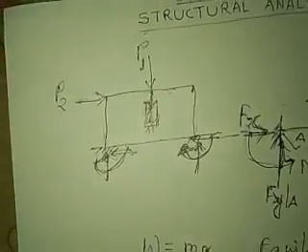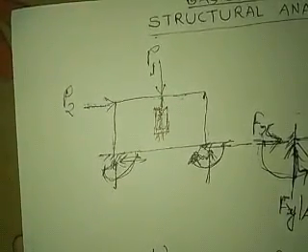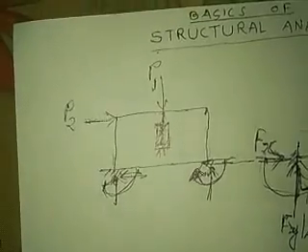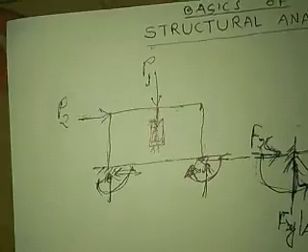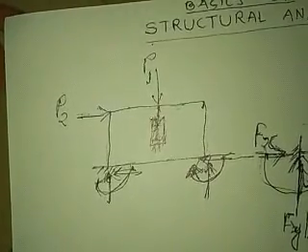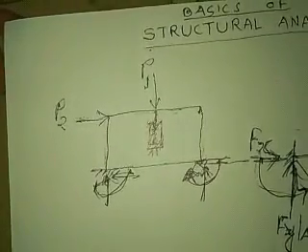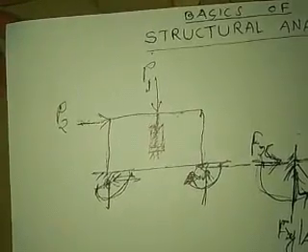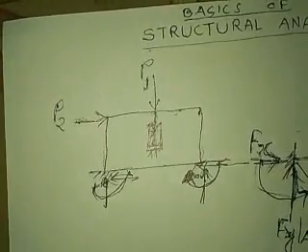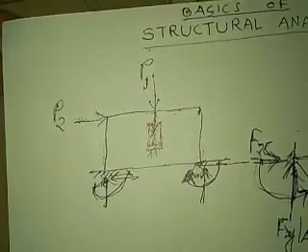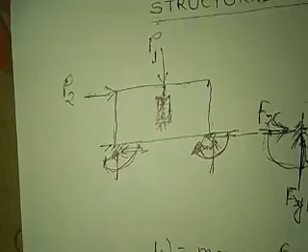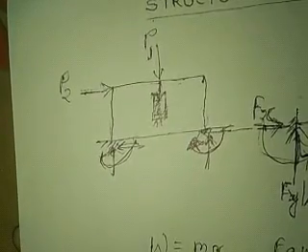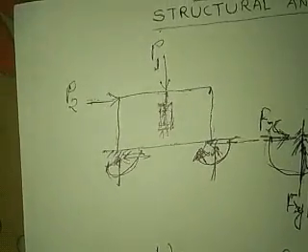We need 3 more equations, and that requirement of 3 more is the indeterminacy of this structure, specifically static indeterminacy. I will tell you more about that in another video.